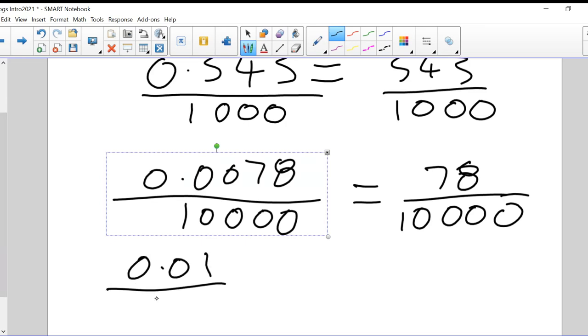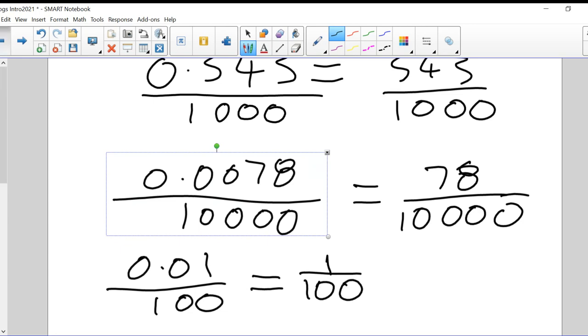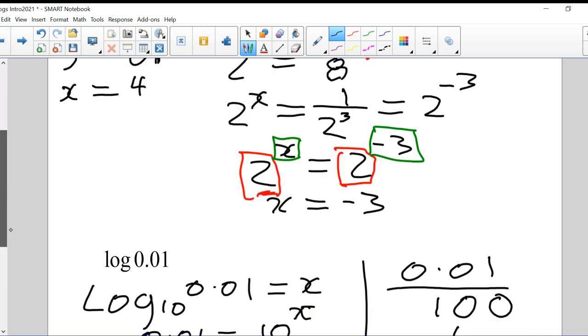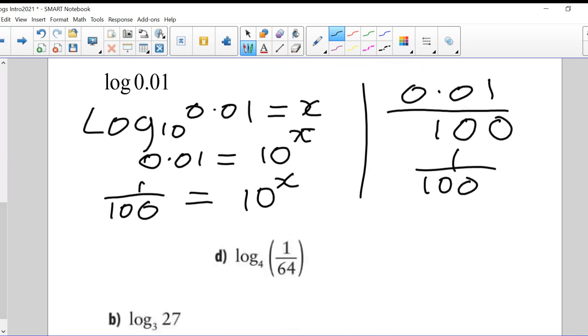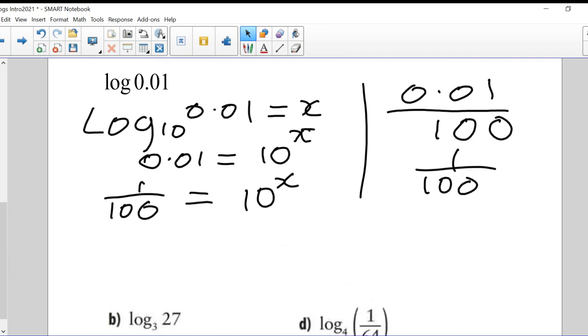So that would be 1 for the decimal and 2 zeros. So 1 over 100. So to come back to this, we're now saying that instead of calling it 0.01, we're calling it 1 over 100.